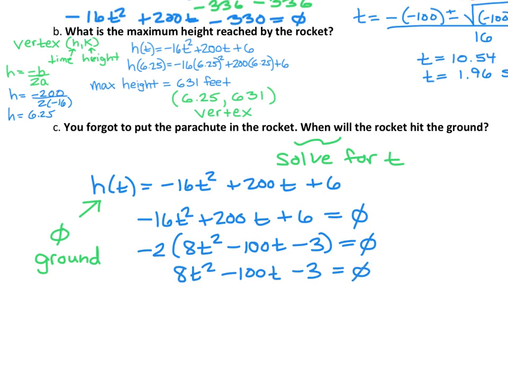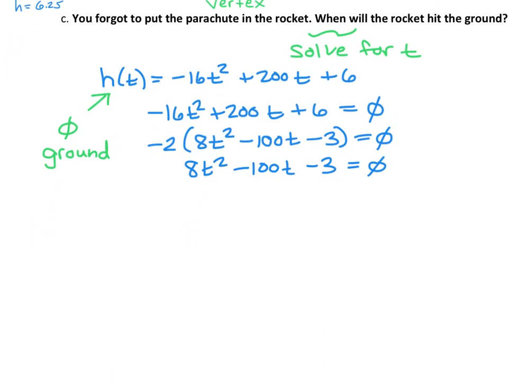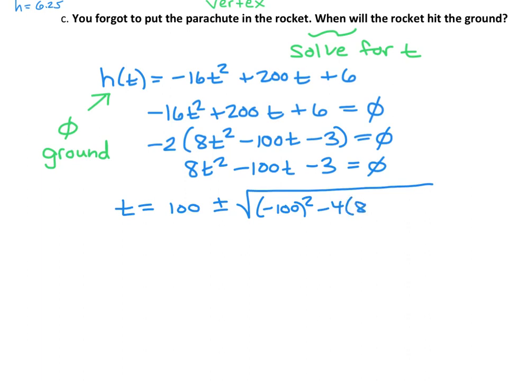And I'm going to use the quadratic formula. I'm not going to rewrite that quadratic formula again. So I've got t equals the opposite of b. The opposite of negative 100 is positive 100, plus or minus the square root of negative 100 squared, minus 4 times a, which is 8, times c, which is negative 3.